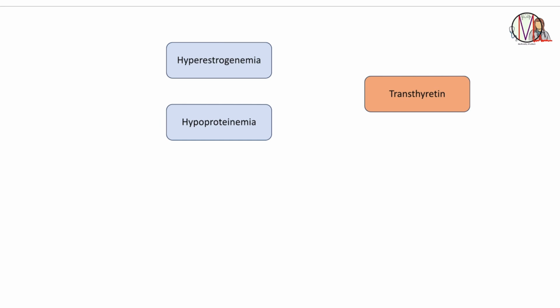It is a negative acute phase protein which decreases during acute inflammation, and this decrease in transthyretin leads to the preservation of amino acids for acute phase reactants like C-reactive protein, procalcitonin, ferritin, hepcidin, and haptoglobin. And finally, the degradation of thyroid hormones takes place in liver and are excreted via bile.